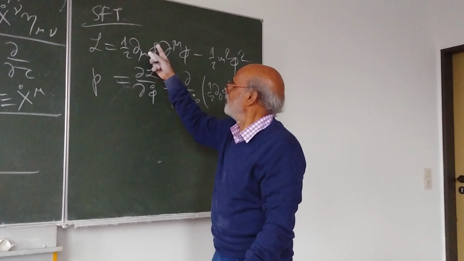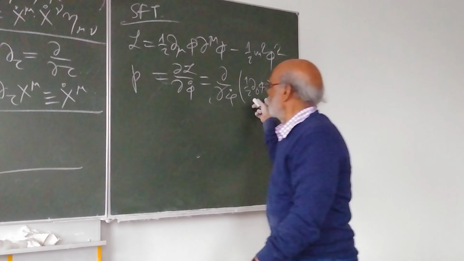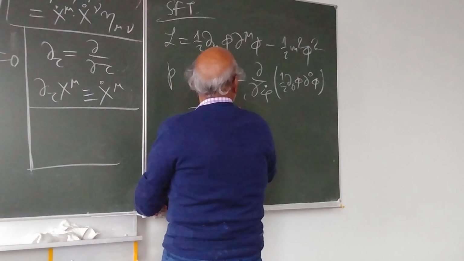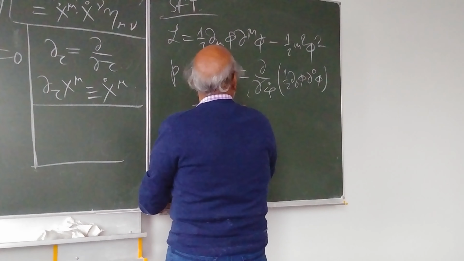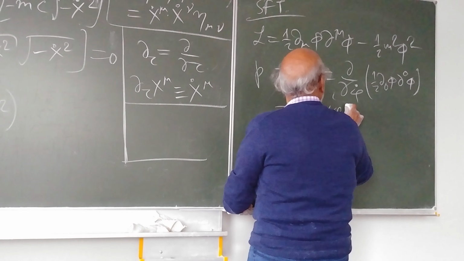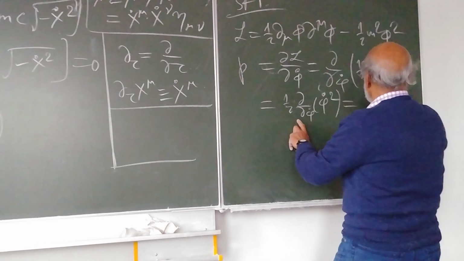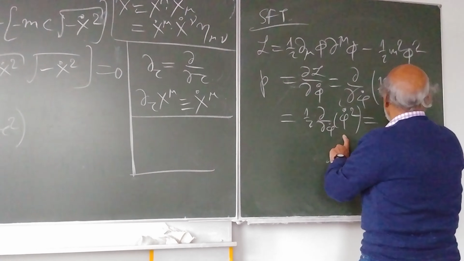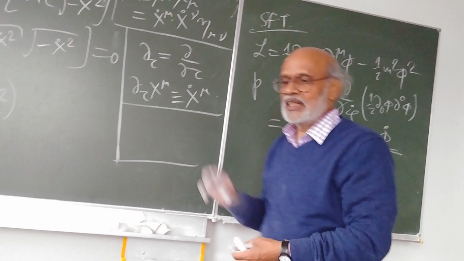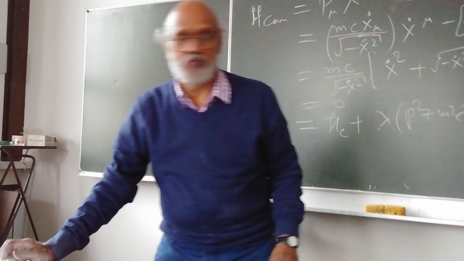The time derivative d0 phi is phi dot, so this is phi dot square. So this gives me 1/2 into del over del phi dot of phi dot square, which is 1/2 into 2 phi dot. This is the best example of an unconstrained system.